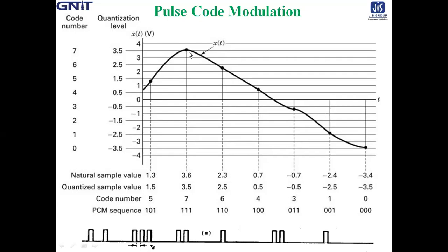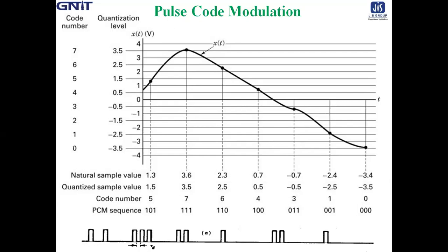The second sample, 3.6, has the nearest quantization level 3.5, so the quantized value of the second sample is 3.5. Accordingly, 2.3 is approximated as 2.5, 0.7 is approximated as 0.5, -0.7 as -0.5, -2.4 as -2.5, and finally -3.4, whose nearest quantization level is -3.5.